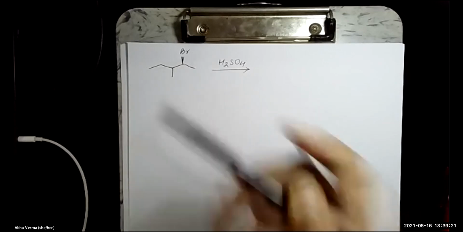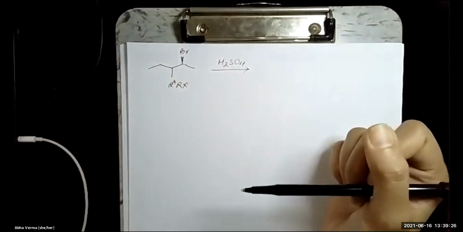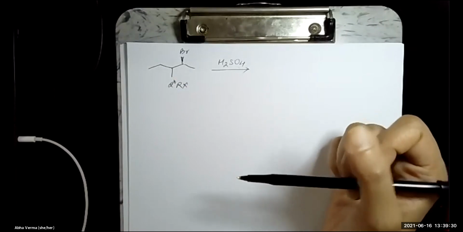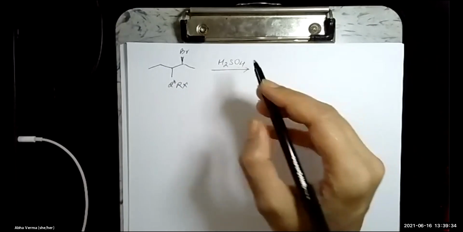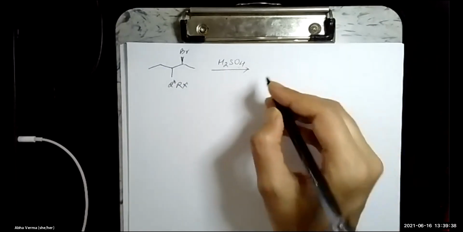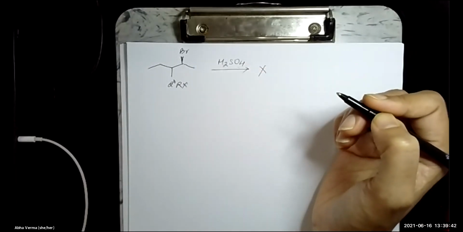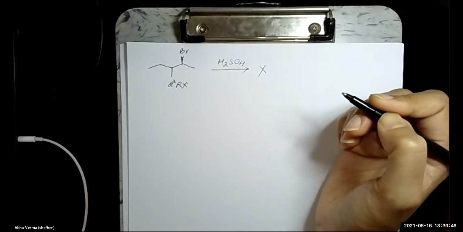Paying attention, we have a secondary substrate. And what kind of donor do I have here? I definitely have a very weak electron donor. Do you think an E1 or SN1 can also occur? No reaction. No reaction will occur with these.